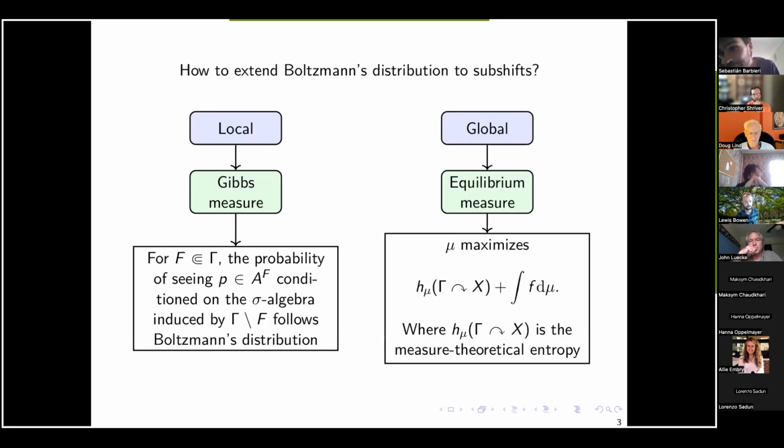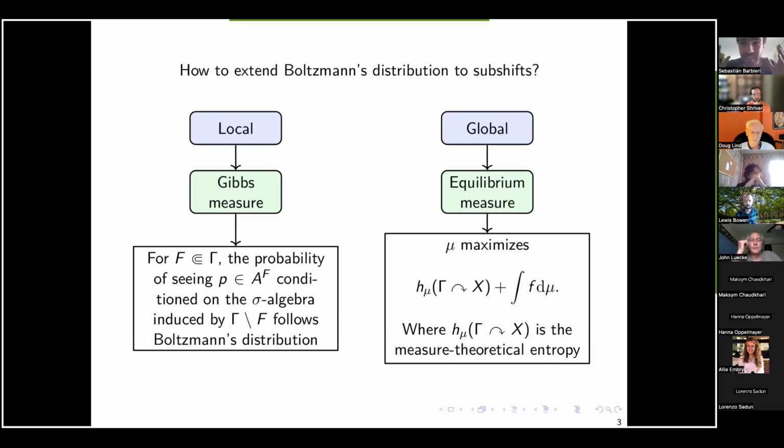There's another way of thinking, which is global. Instead of trying to create the Boltzmann distribution locally, I'm going to say, well, how did I get Boltzmann distribution in the first place? I was maximizing entropy plus the integral of the weight. So I'm just going to say that the measure is an equilibrium measure if it maximizes the entropy of the dynamical system of the shift plus the integral of this function that I have from the shift to the reals.